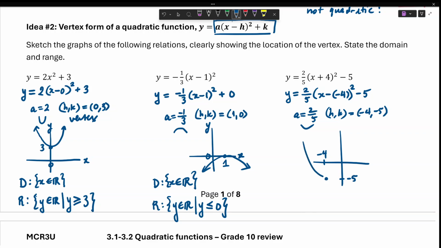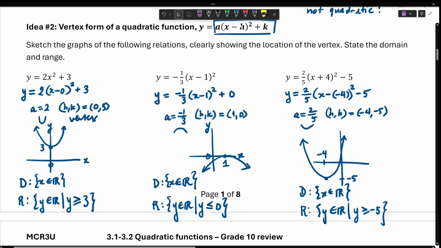Let's just say, roughly speaking, maybe it looks something like this. Domain, x could be any real number. The range, y could be any real number, as long as it's greater than or equal to negative 5. It can't be less than that. So that's your straightforward examples of vertex form.